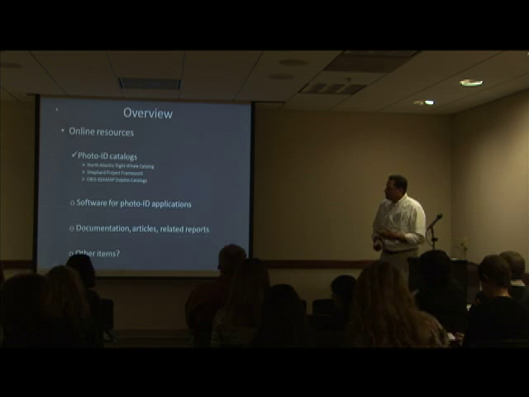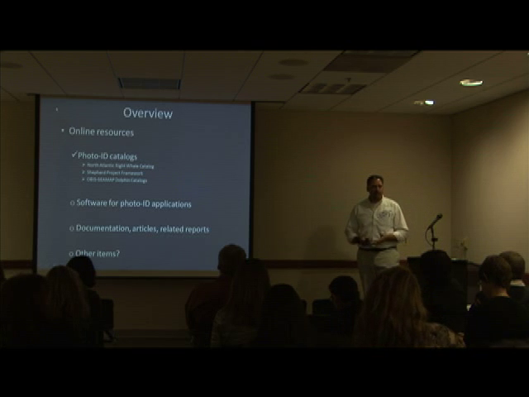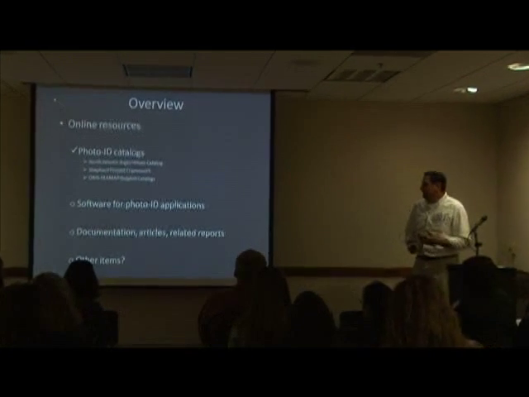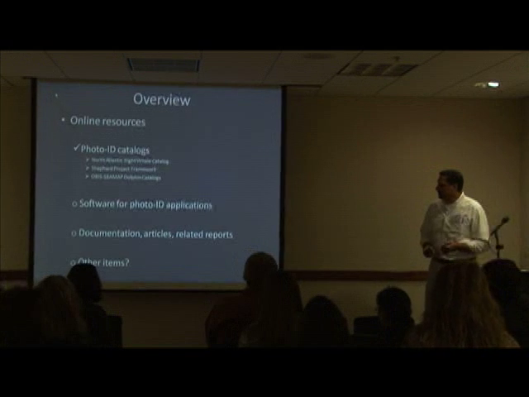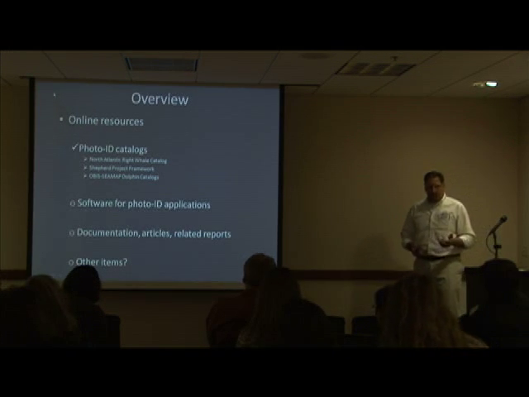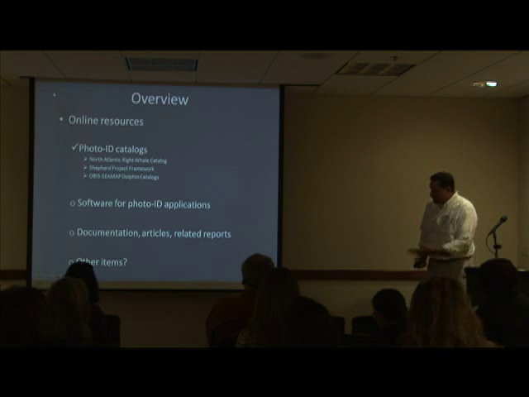And then of course there's software, like Darwin or Finbase, where you can do matching in an automated fashion, but that still requires some additional work. And then there are various kinds of documentation, articles, reports, and things of that nature. There may be other items too.